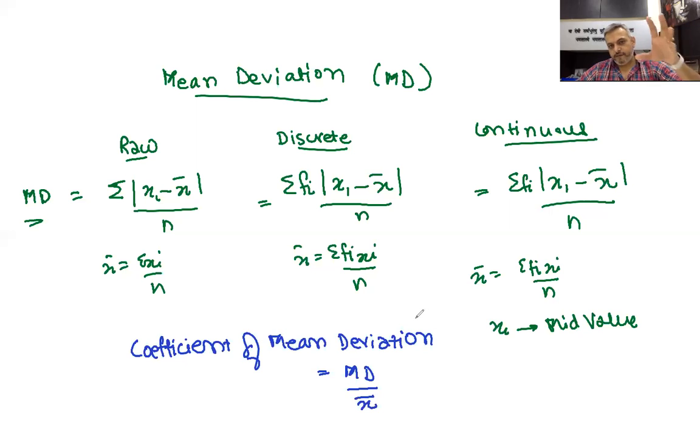In this measure, you always have to find the mean first, then the mean deviation, and then the coefficient of mean deviation. This coefficient we use for comparison sums. Okay, please write the formulas and we go to the sums.